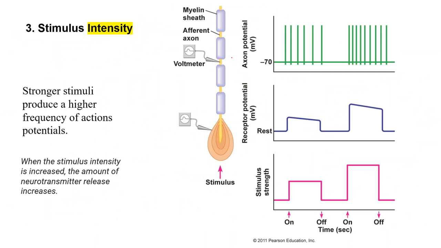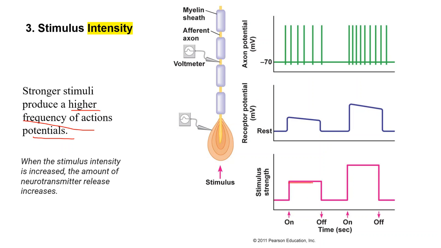Now we're going to talk about stimulus intensity. What happens when you intensify a stimulus, when you make it stronger? If you put more pressure rather than less pressure, for instance, on skin, this will produce a higher frequency of action potentials, as shown here. This represents stimuli.